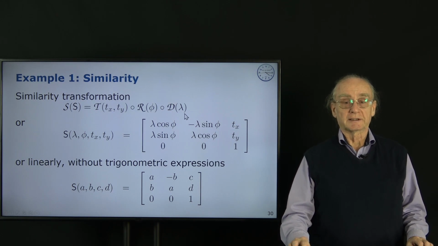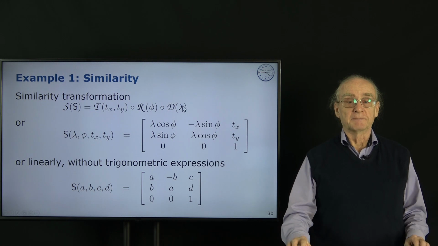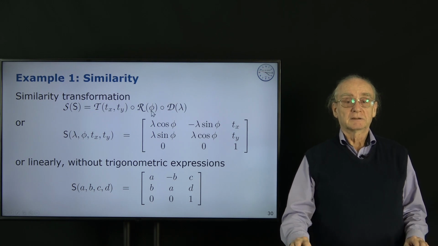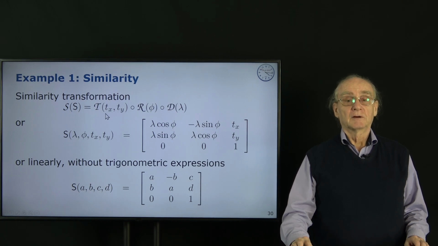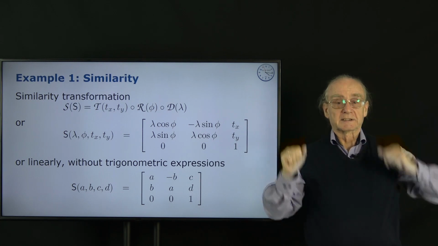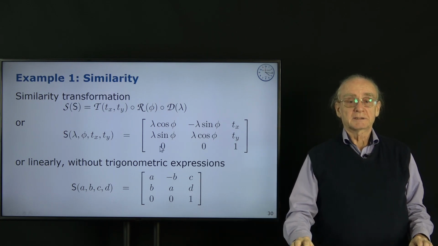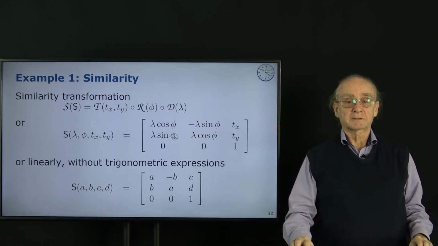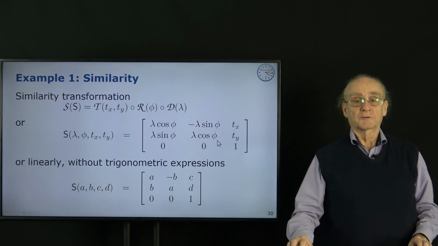So we first dilate, for instance, scale with some factor lambda, then we rotate around the origin with some angle phi, and then we translate the enlarged and rotated object by some translation. Then we can easily see that this matrix does what we want. So we have here the translation vector, we have here the scaling and all coordinates, and we have here the elements of the rotation matrix.